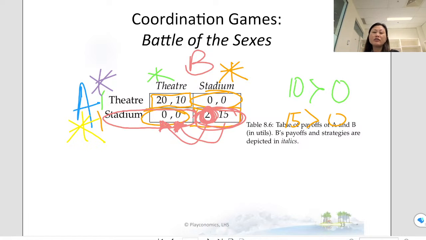This is also not a good deviation for player A either, because 2 is greater than 0. So this is not a good deviation. No player wants to unilaterally move away from a strategy profile. We call this a Nash equilibrium.